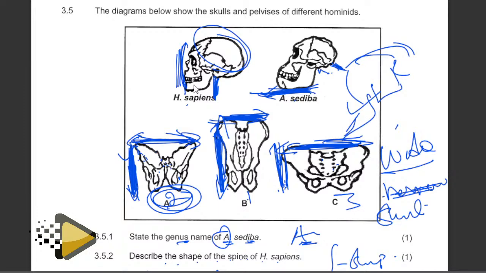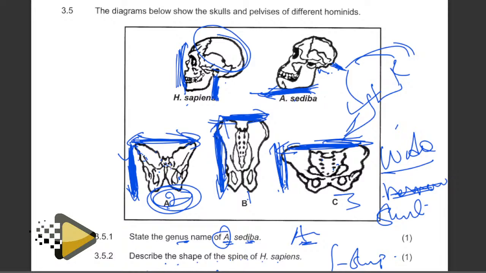But here the shape is straight. Therefore, it also allows the shift of the foramen magnum so that it can bring about bipedalism, which means that you're walking on two hind limbs, and then this will create more speed. The organism can move faster.